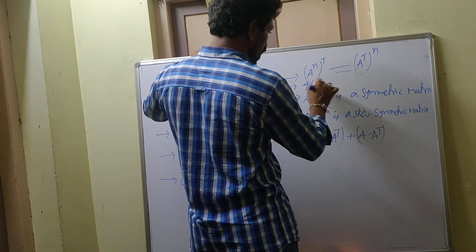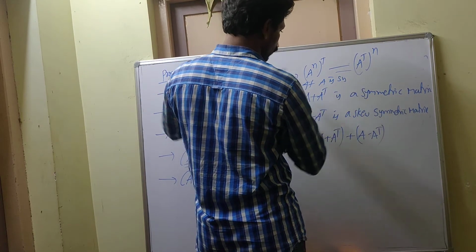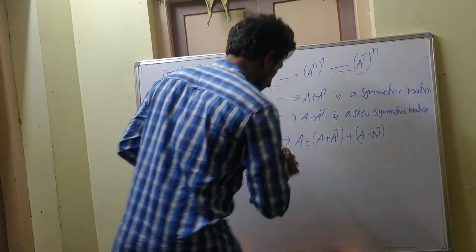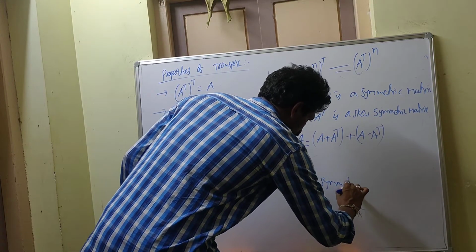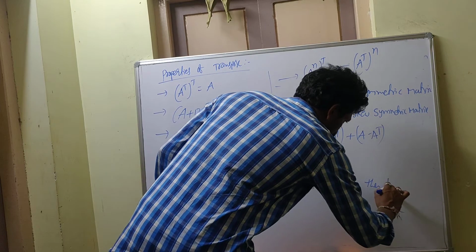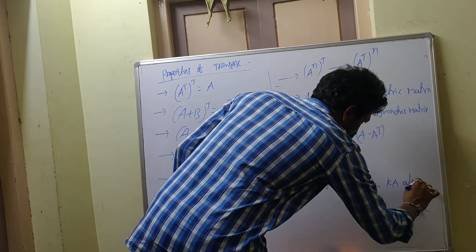So if A is symmetric, I am writing here, then KA is also symmetric.